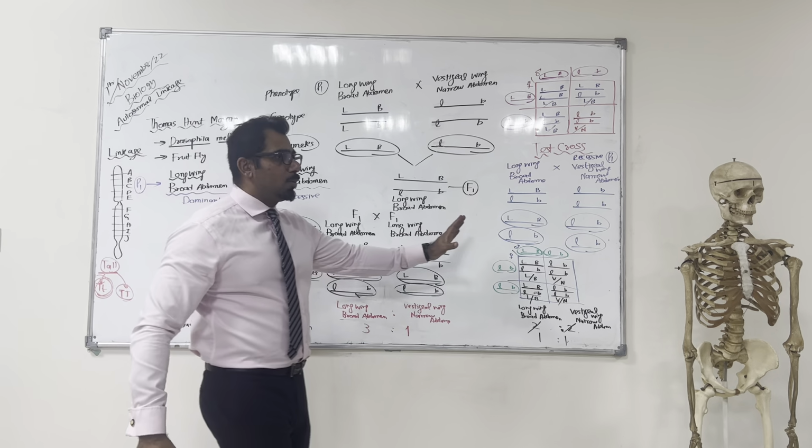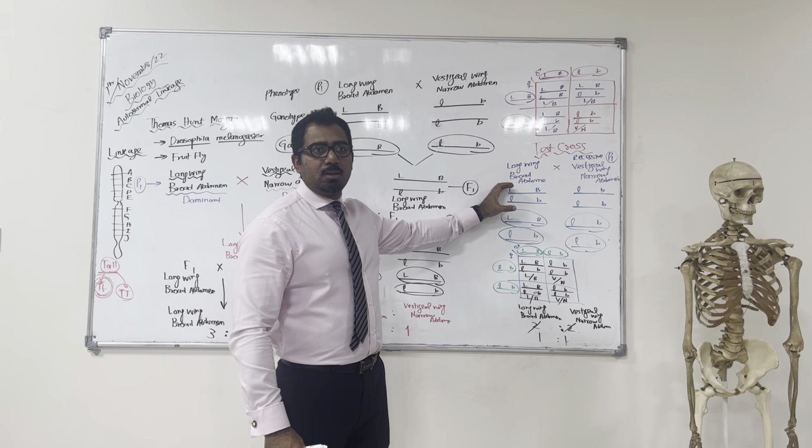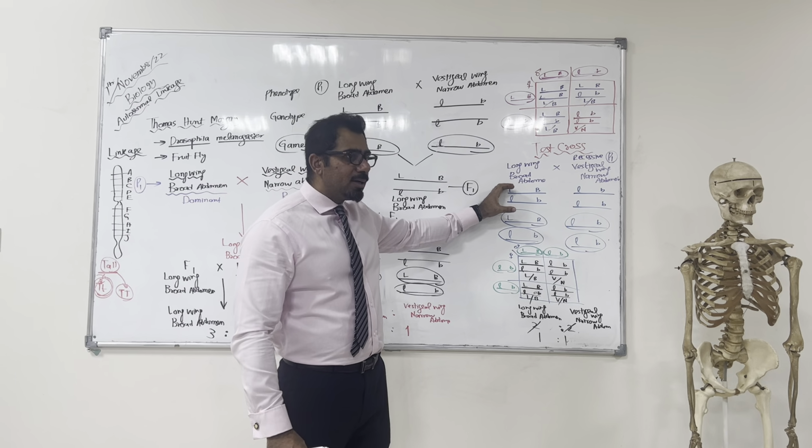If it is homozygous dominant and it is crossed with the recessive parent, the result will be all dominant. That is why I only took the example of the heterozygous, and I got the ratio 1:1.